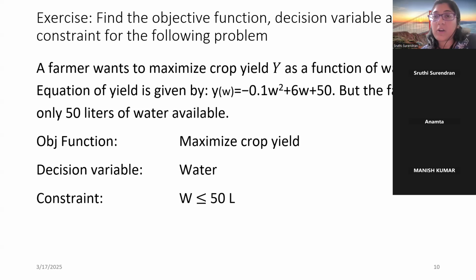So here the objective function is to maximize the crop yield. The decision variable is the water that is available, and the constraint is that w, whatever water has to be provided, should be less than or equal to 50 liters.